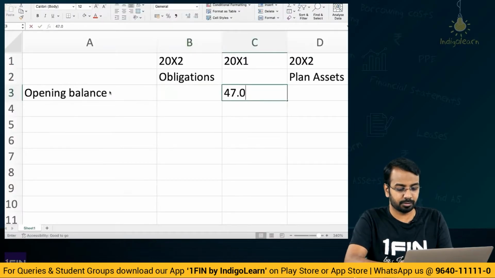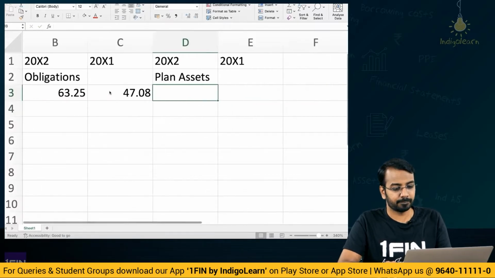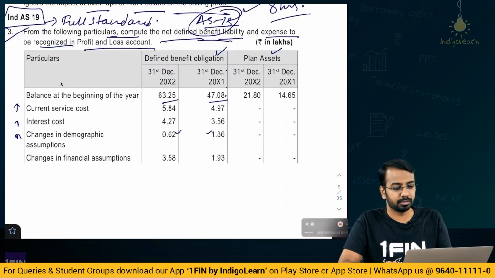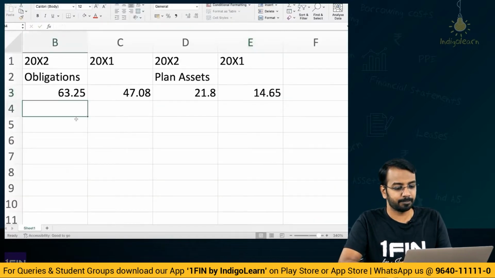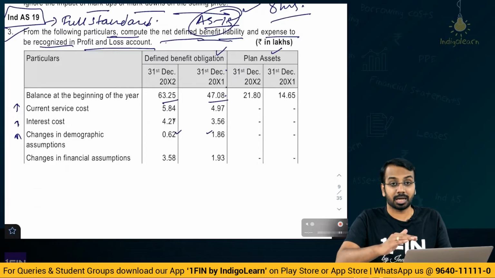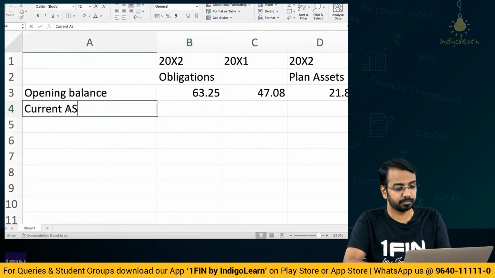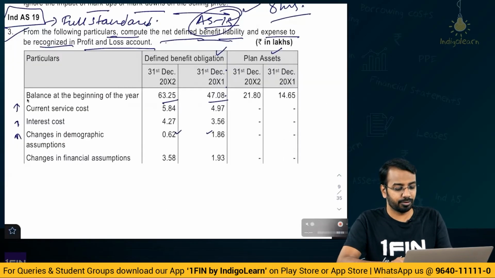So 47.08 and 63.25, and plan assets is 21.80 and 14.65. Now current service cost increases your obligation. So how much is that? 5.84 and 4.97.